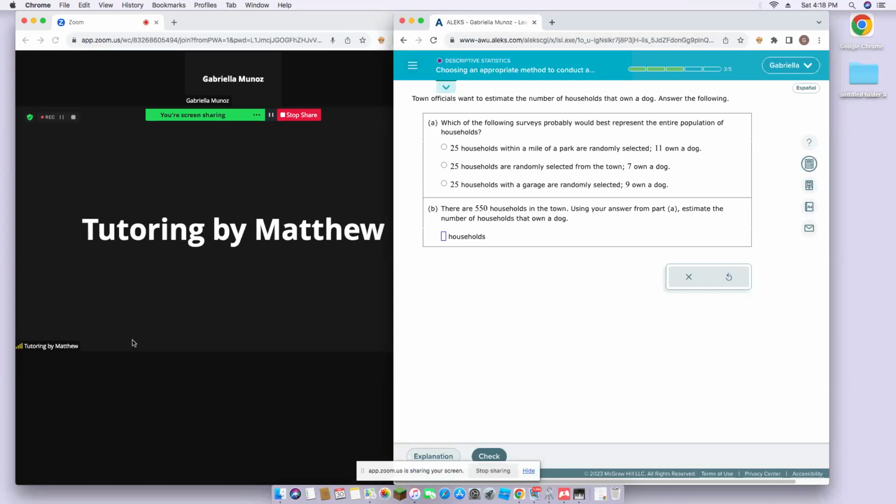Maybe you're a dog owner, you're a little biased by that. You don't care how close they live to a dog park. That's very specific. You're always looking for the one that's just randomly selected from, in this case, the town. Like B. Because you would presume more people own dogs near a dog park. Yeah, that seems reasonable to me.